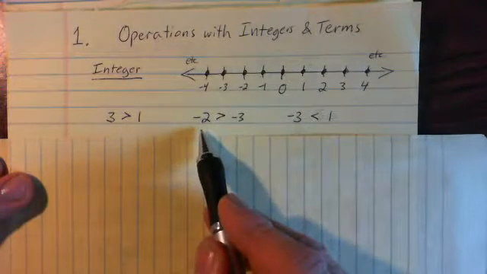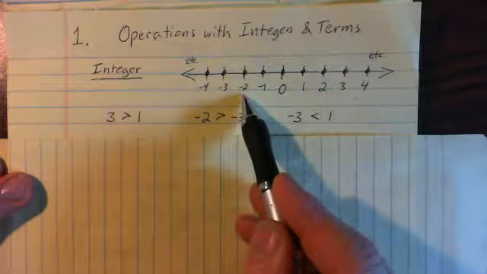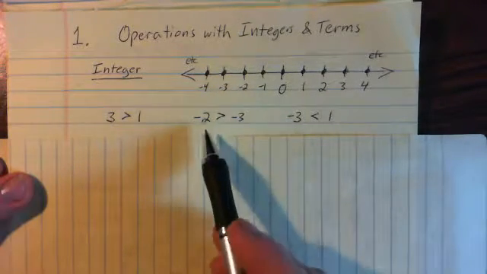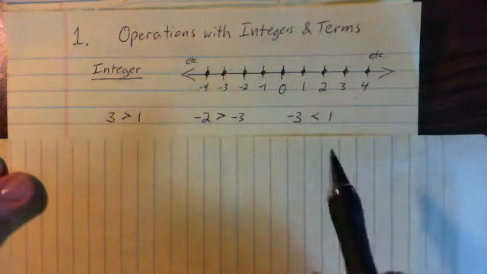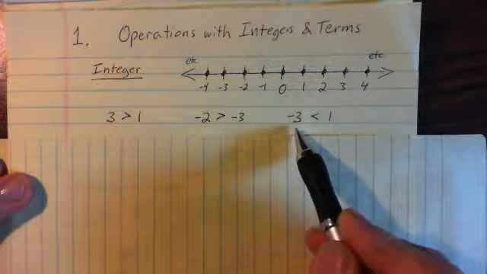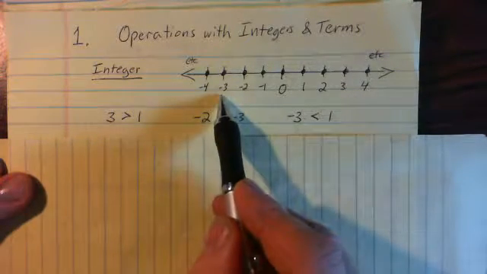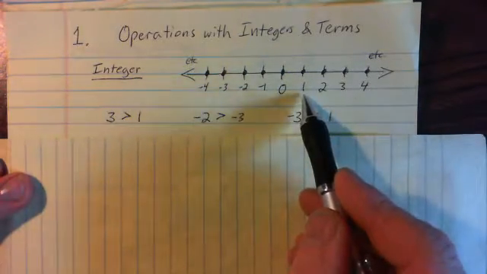But negative 2 is to the right of negative 3. So negative 2 is greater than negative 3. Alright, so greater than means to the right of. Now, negative 3 is less than positive 1 because negative 3 is to the left of 1 on the number line.